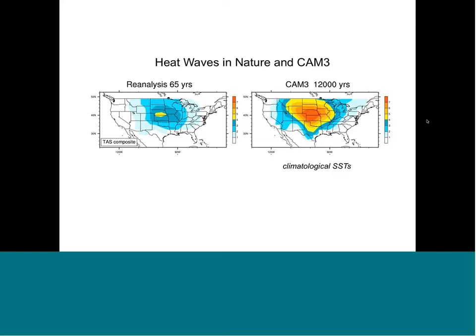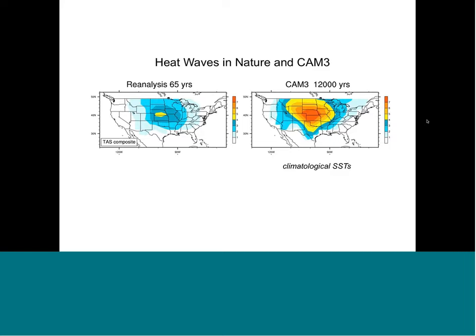I think this is not a big surprise. We find that an average heat wave event is concentrated over the Great Plains. This is where most of the heat waves occur when one uses our index.